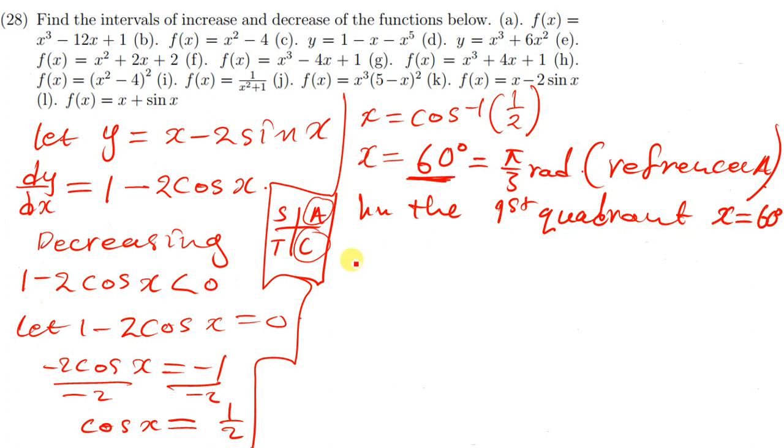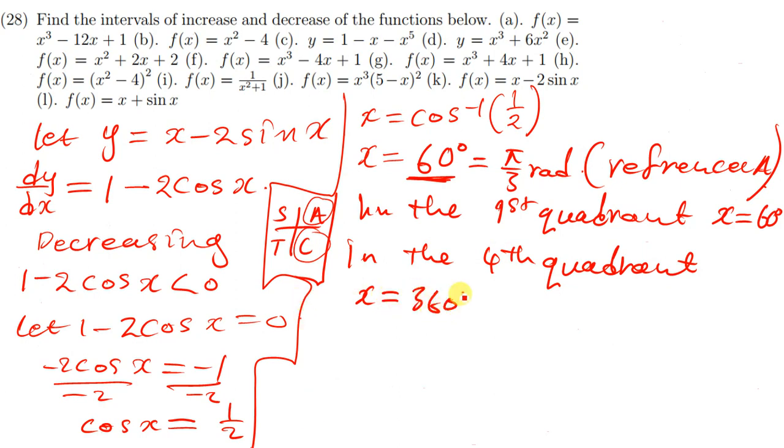And then in the fourth quadrant, we find the value of x to be 360 degrees minus the reference angle, which is 60 degrees.